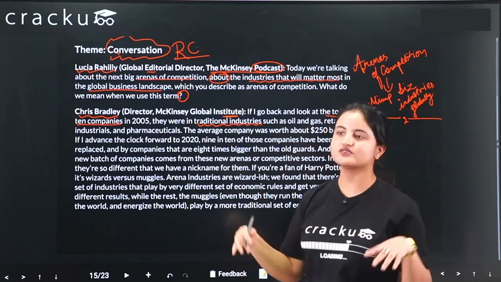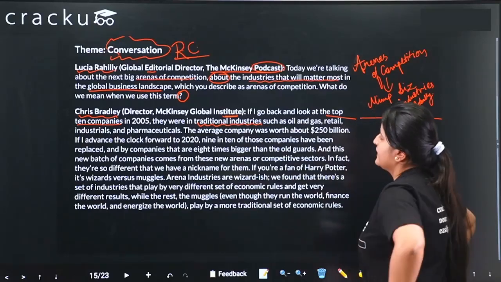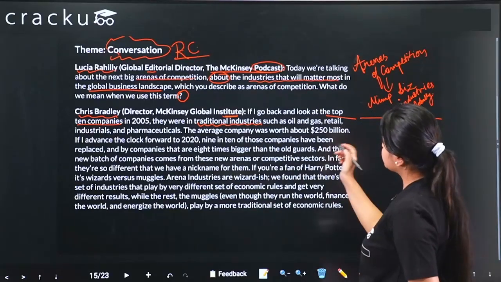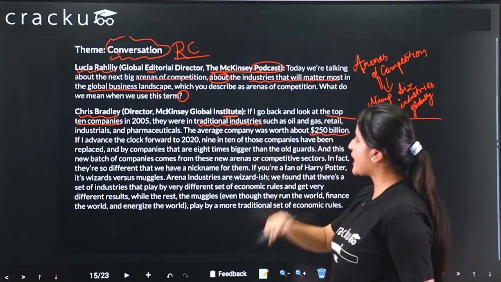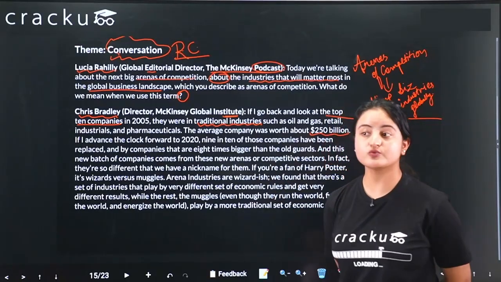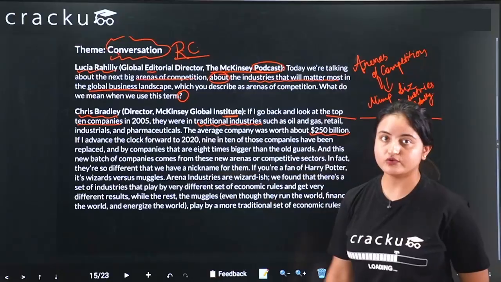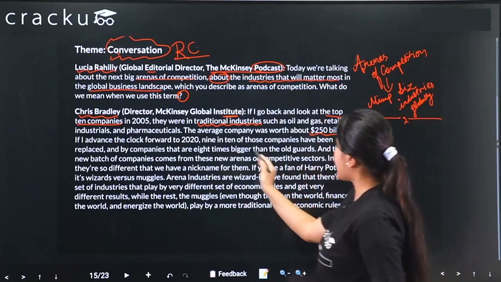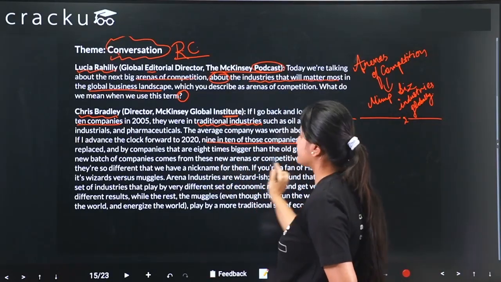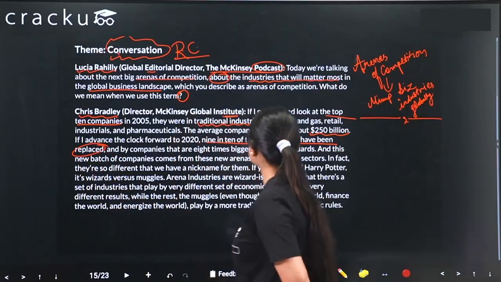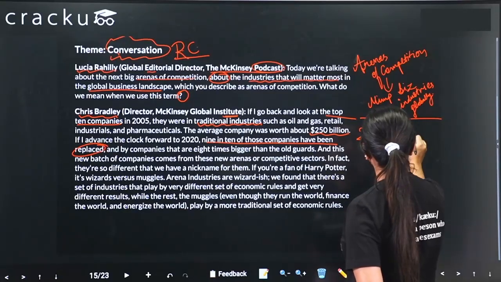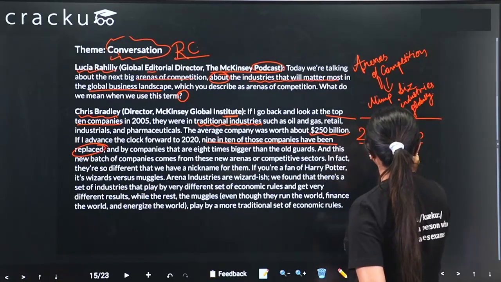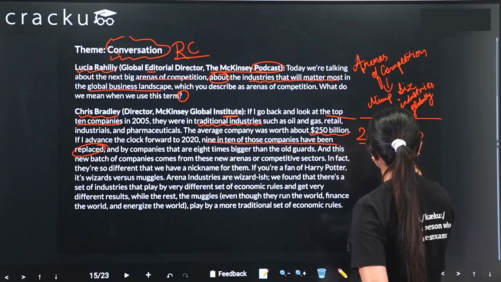The average company was worth about $250 billion. If I advance the clock forward to 2020, 9 in 10 of those companies have been replaced. So in 2005, the top 10 companies were all doing traditional businesses.